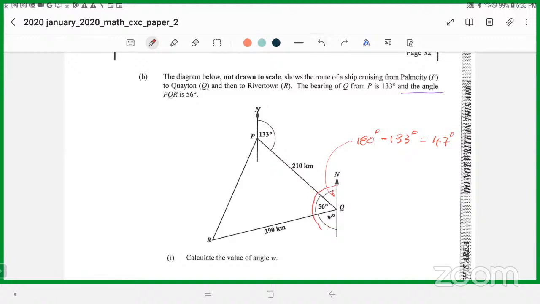Over here. And so this W angle that I want would be equal to 180 degrees minus the sum of the 56 and the 47. I could work it out that way. I'm going to show you another way to do it.